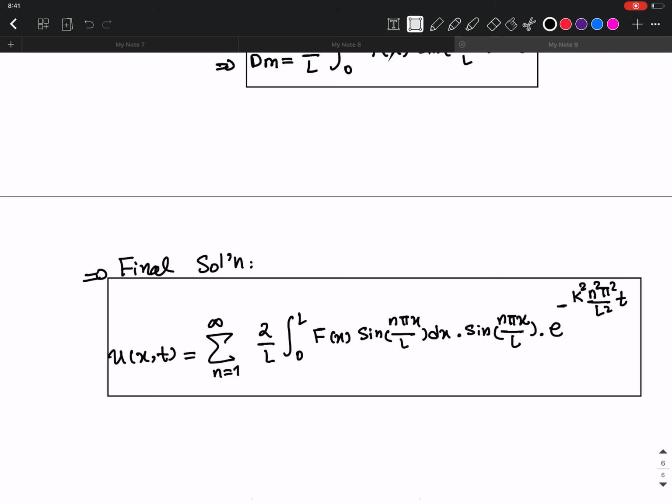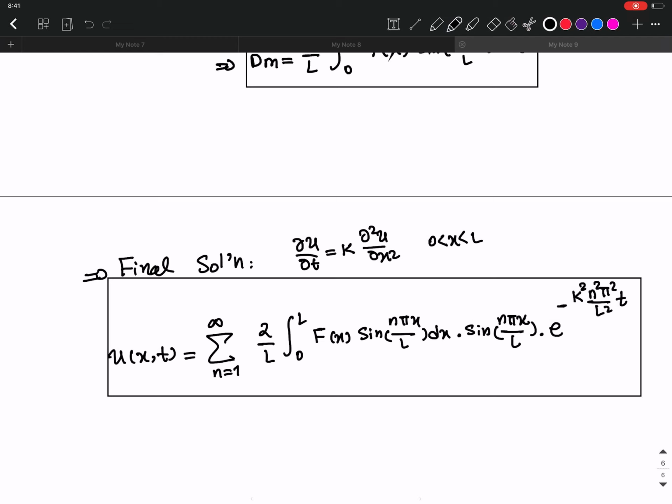The final solution of our PDE, the 1D transient heat equation, right? So it's going to be partial u over partial t equals k partial squared u over partial x squared for x between 0 and L, and the initial and the boundary conditions that were given in the problem.